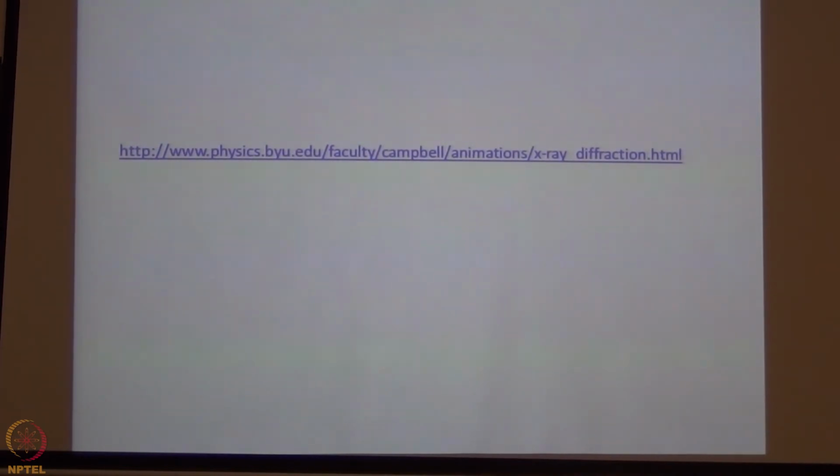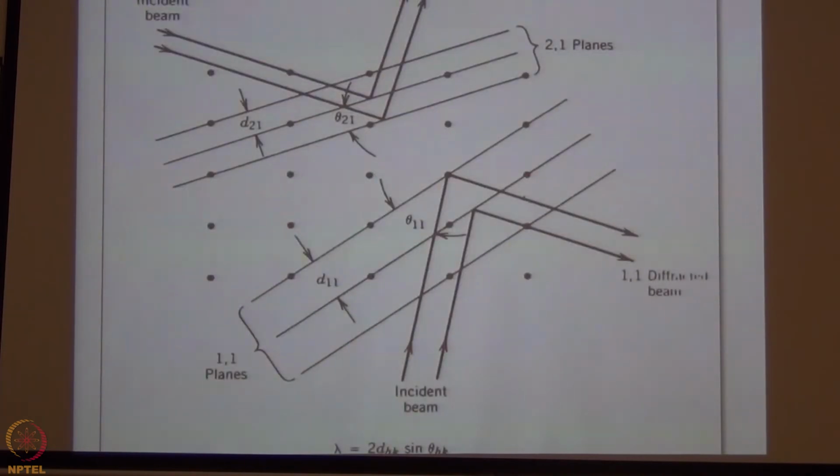Constructive interference gives you diffraction, destructive interference doesn't give you diffraction. So, there are some set of planes for which there is always destructive interference, and for some set of planes there is always constructive interference, nothing in between. So that is called the systematic absence.